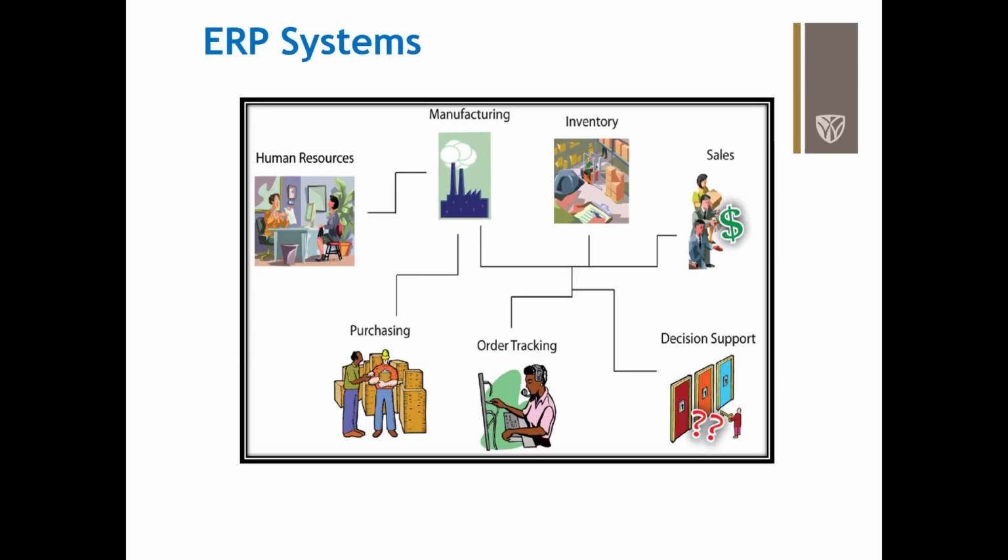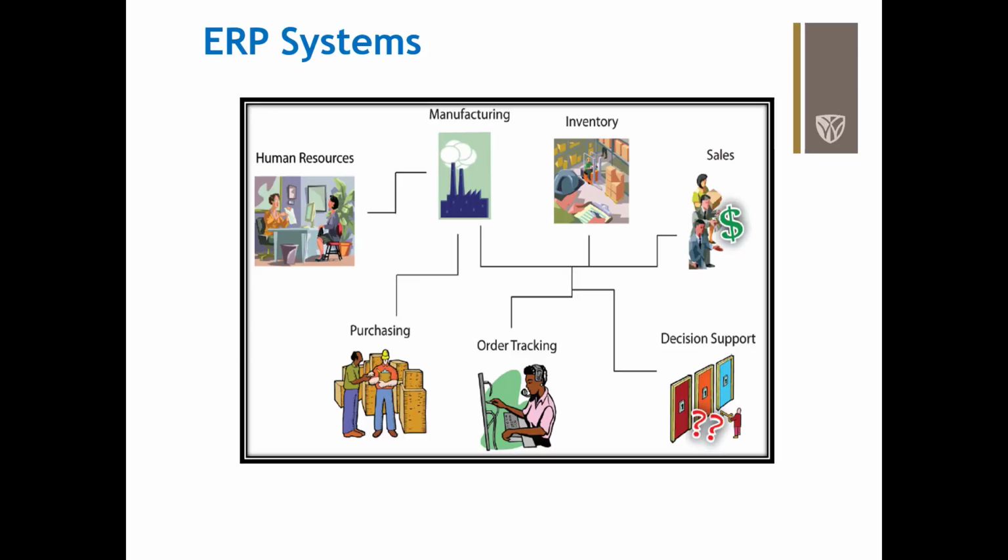We might have a purchasing module that keeps track of all of the purchase orders that we've extended to our suppliers. All of the different modules are designed in such a way that they can communicate with one another so that we can share information across the modules.